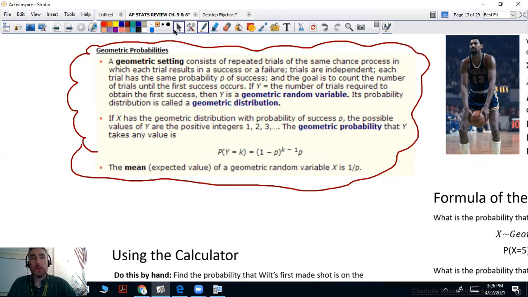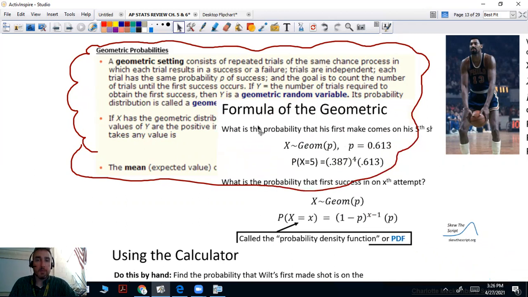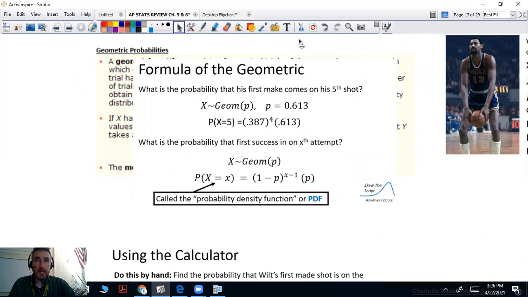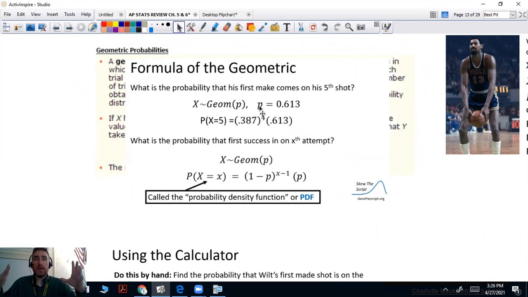What's the probability he gets it on his 4th attempt? So the way you want to think about this problem is: what's the probability that his first make comes on his 5th shot? So you want to miss until you hit your make. The way you do that is you do your nots, right? You're going to subtract from 1, multiply it by itself 4 times because you're missing 4 times. Then you do the one that you make.